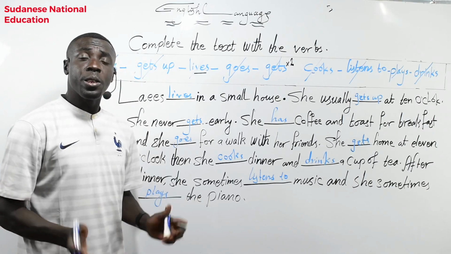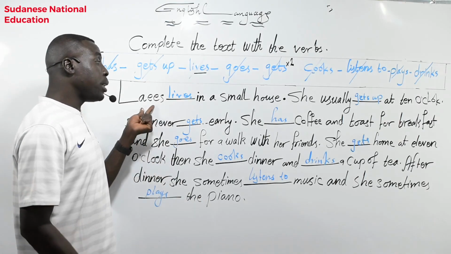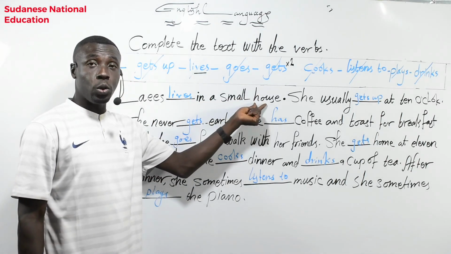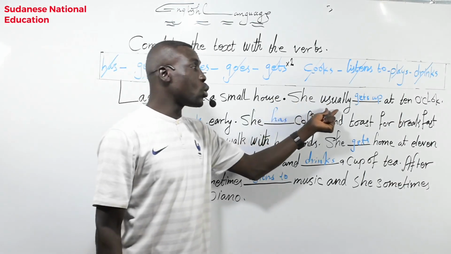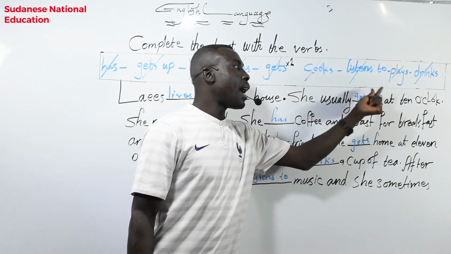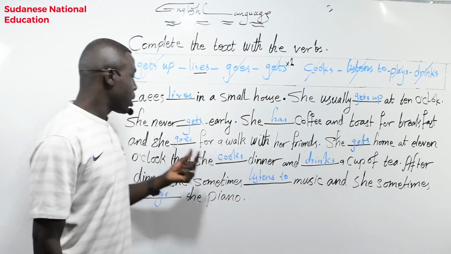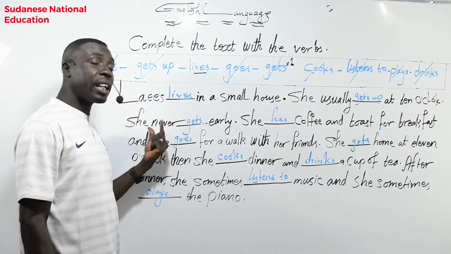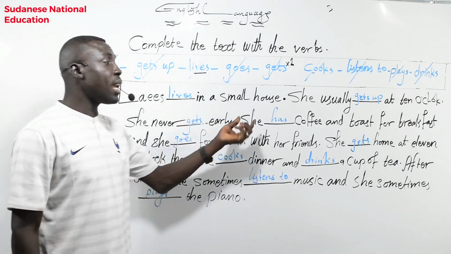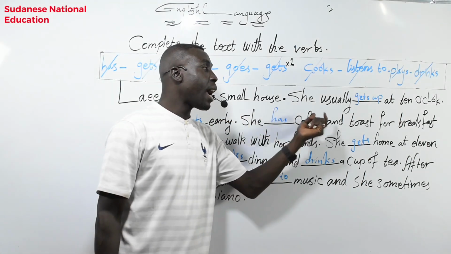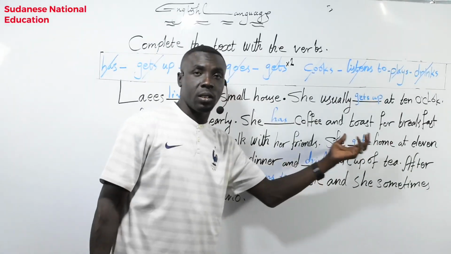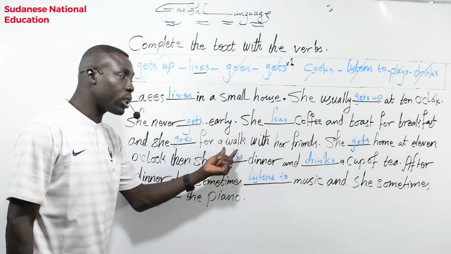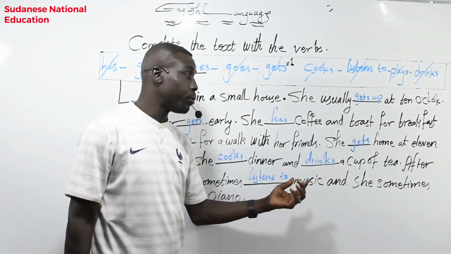Let's read the text again. Lemise lives in a small house. She usually gets up at 10 o'clock. She never gets up early. She has coffee and toast for breakfast. And she goes for a walk with her friends.